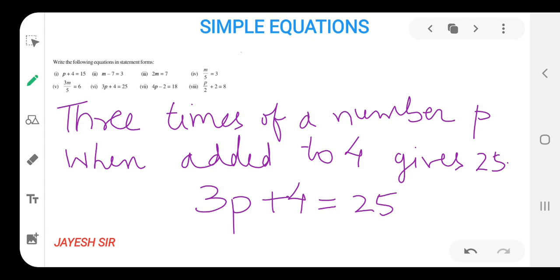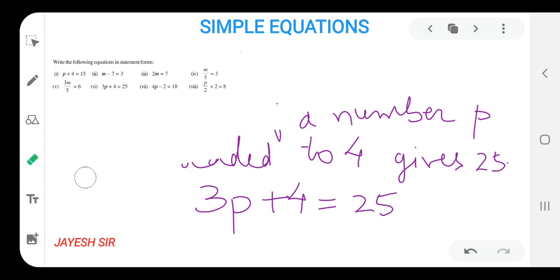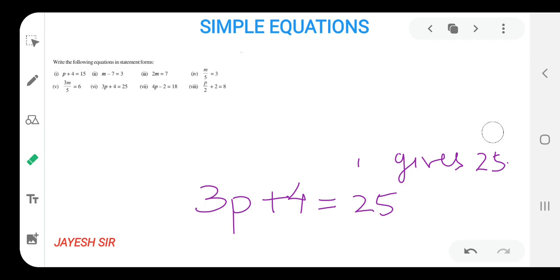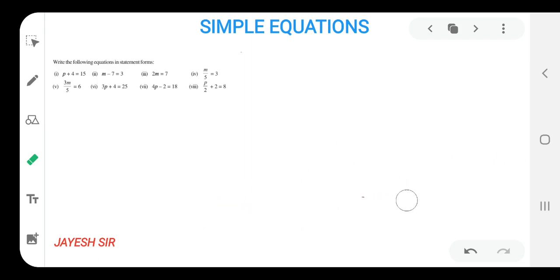So let us begin with the next type over here, that is 4p minus 2 equals 18. How are we going to write the equation based on that?